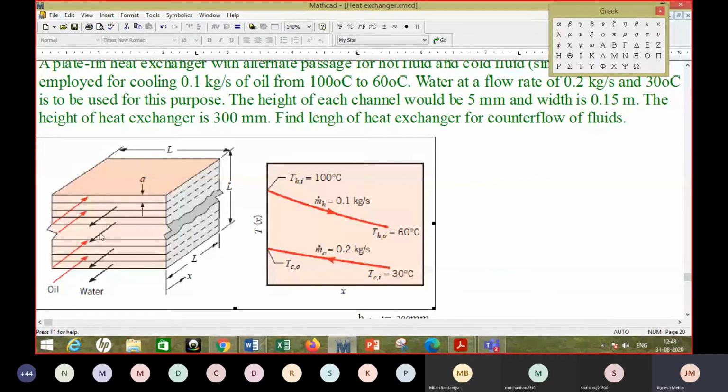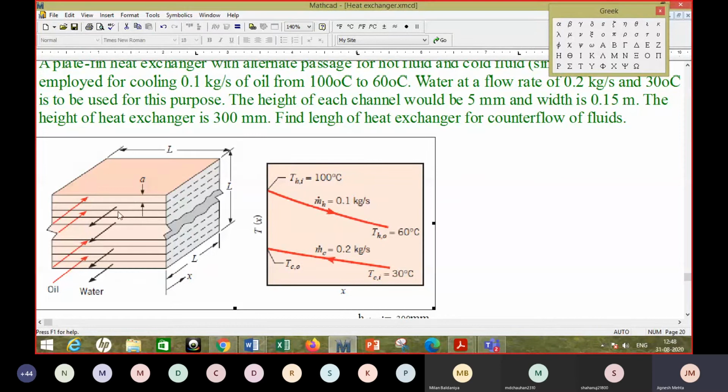So the water is flowing on the opposite side, and there are alternate channels through which they will flow. Let's say oil is flowing through the first channel, this rectangular channel, and it is flowing along the depth of the page. Then water is flowing through the next channel, the second channel.